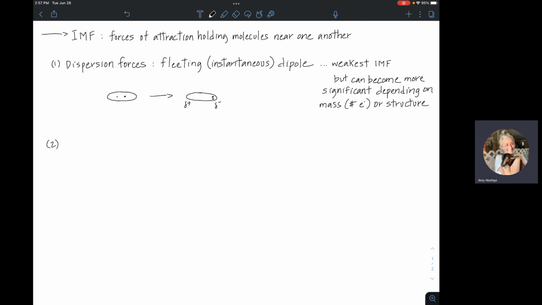And the next one that we talked about in Gen Chem were the dipole-dipole interactions. This is another one of those partial positive, partial negative charge interactions. So we can call this a dipole-dipole interaction.